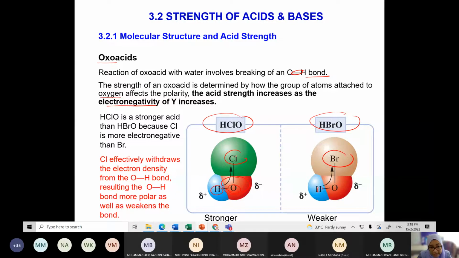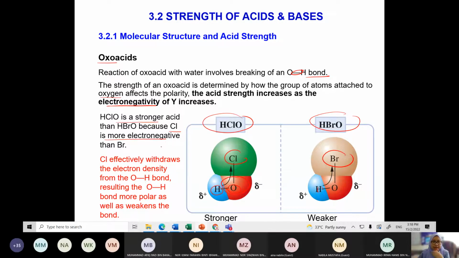Going down the group, electronegativity decreases. So Cl is located above Br, therefore Cl is more electronegative than Br. Therefore HClO is a stronger acid than HBrO because Cl is more electronegative than Br.